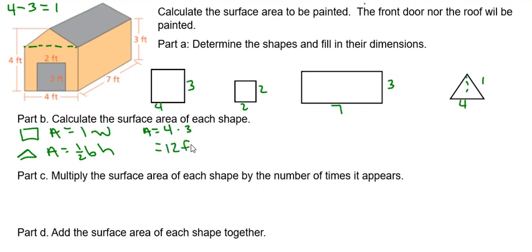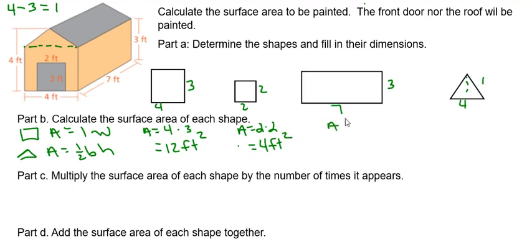The units on that are feet. And because it's area, remember area is always squared. Then for my door, I have 2 times 2 for my square. 2 times 2 is equal to 4, again, feet squared.